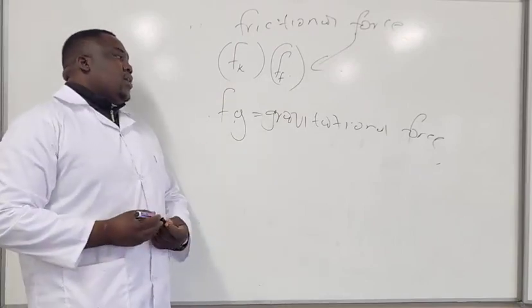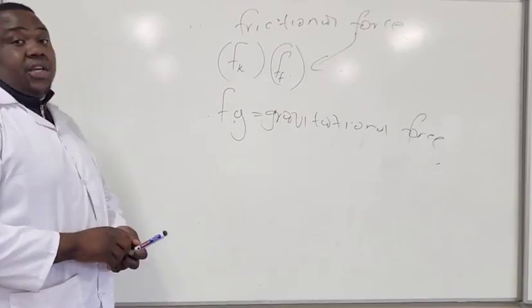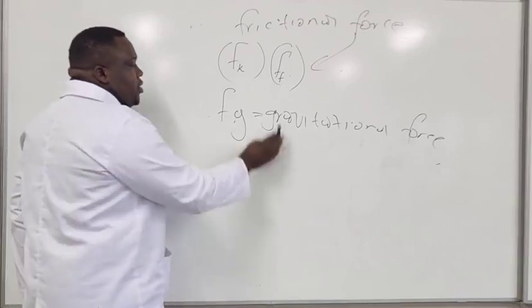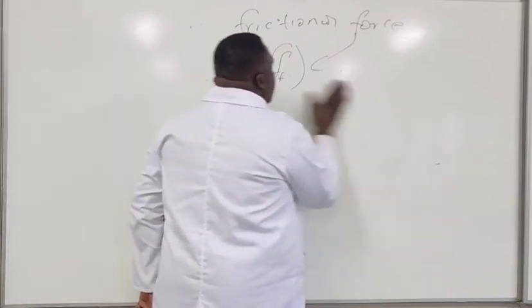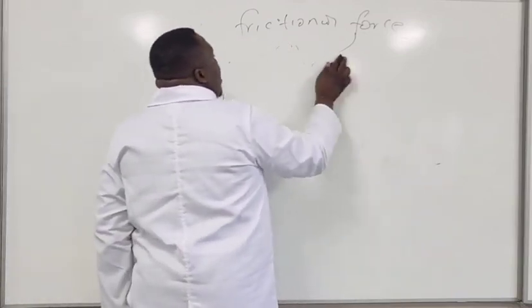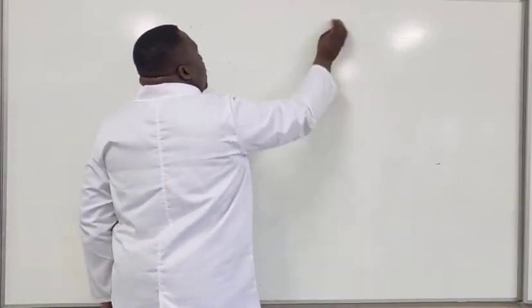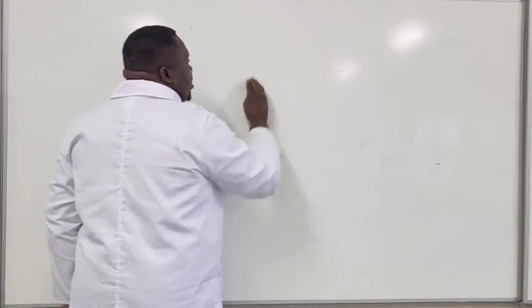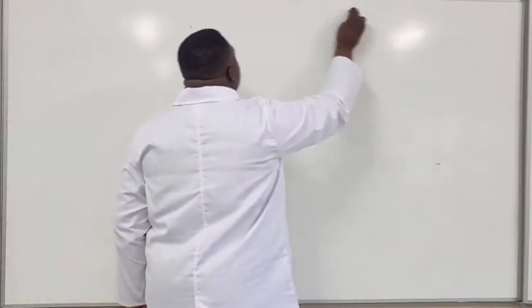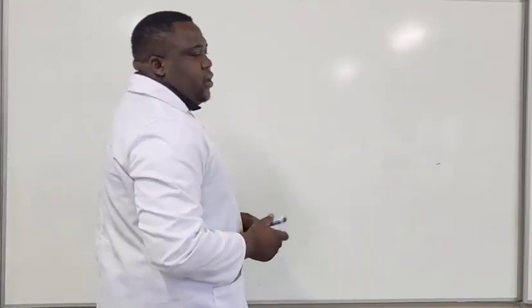Gravitational force is represented by Fg. Okay, we're also going to have applied force. Applied force is the force that causes an object to move, to be displaced. That is the applied force.